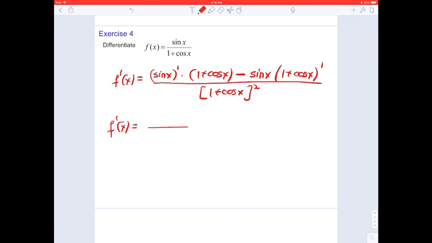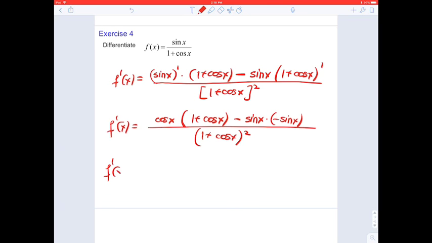Let's see. Derivative of sine of x is cosine of x times 1 plus cosine of x minus sine of x. Derivative of 1 is 0. Derivative of cosine of x is negative sine of x. All over 1 plus cosine of x squared. Let's simplify.